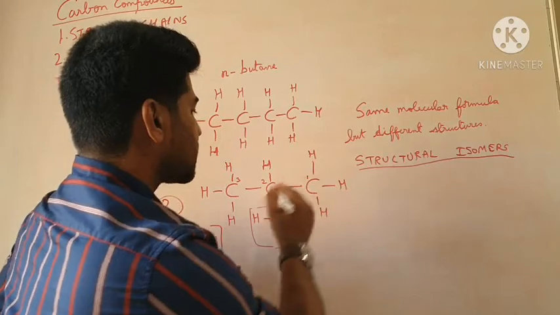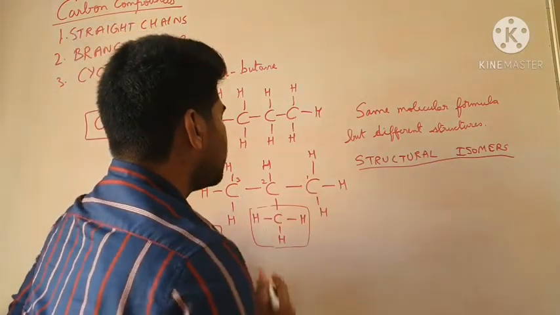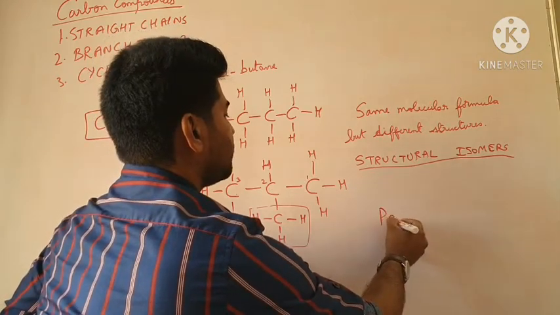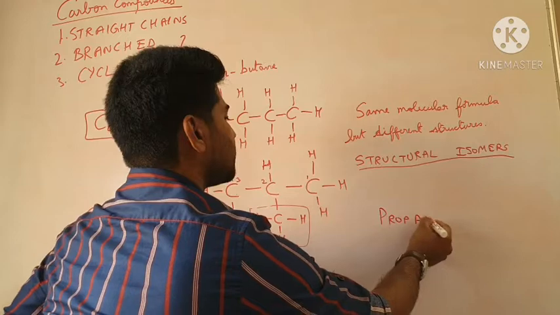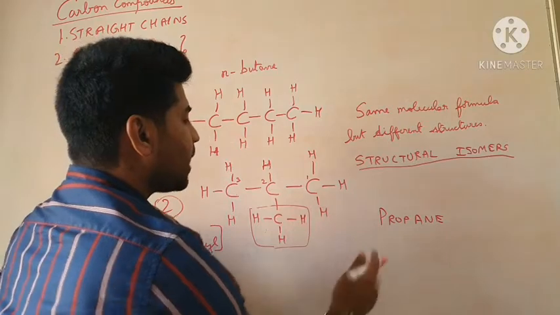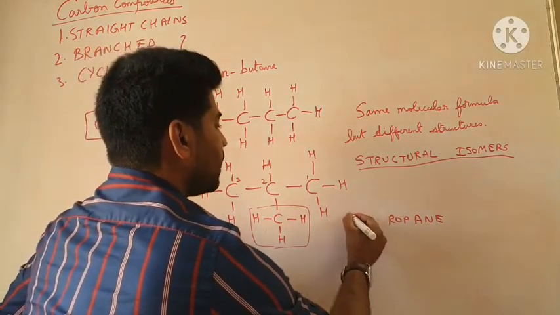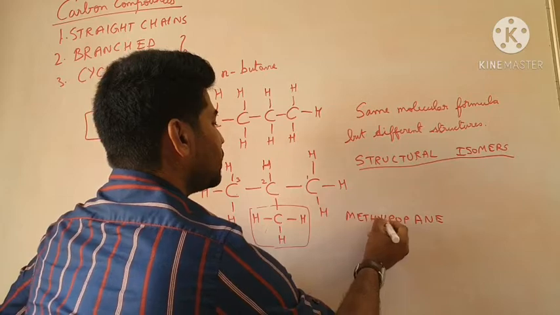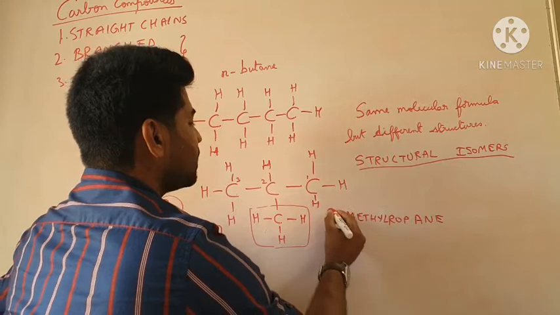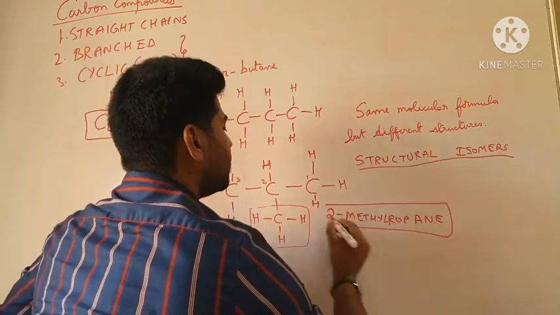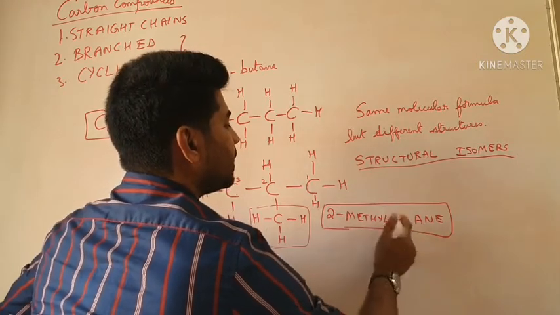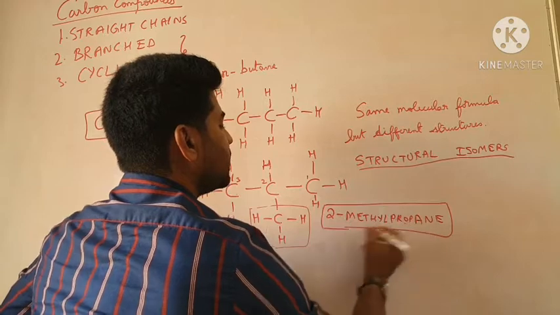So the name of this structure would be 1, 2, 3, that is 3 carbons and all single bonds are present. Propane, the functional group is attached to the second carbon, and the functional group is methyl, so it is called 2-methyl propane. That would be the name of this structure.